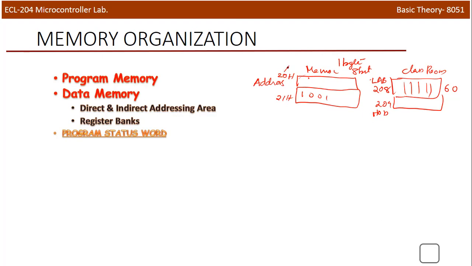For example, some locations are identified as A, or we can call it the accumulator. Some memory locations we label as B, or we call it the B register. So we can identify some rooms by using a number or by name, similar to the case of a classroom. So both represent the same location.